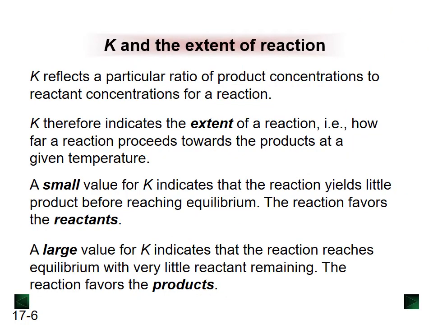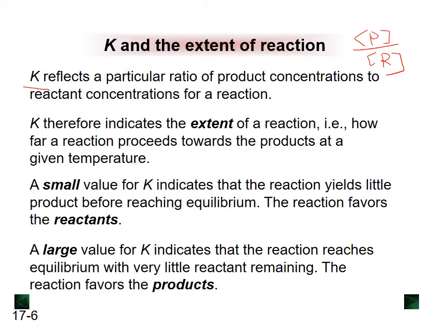As we have seen from the last slide, the equilibrium constant reflects a particular ratio of the products over reactants. So K therefore indicates the extent of the reaction, to tell you how far the reaction proceeds toward the product at a given temperature.